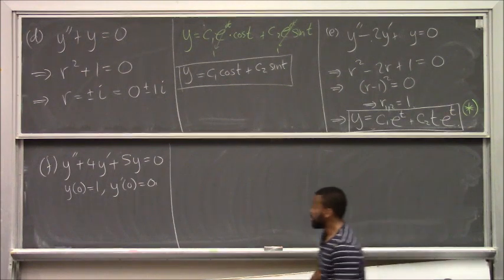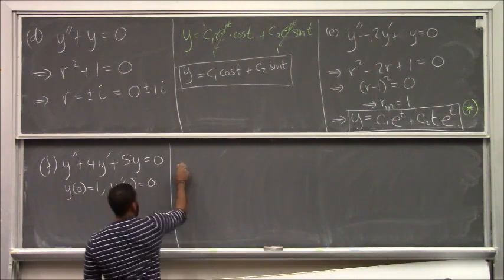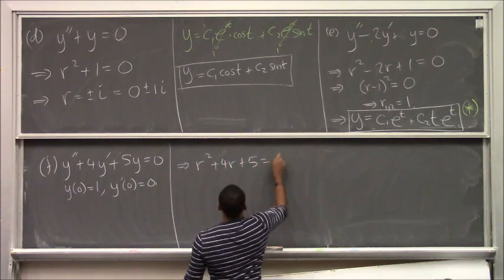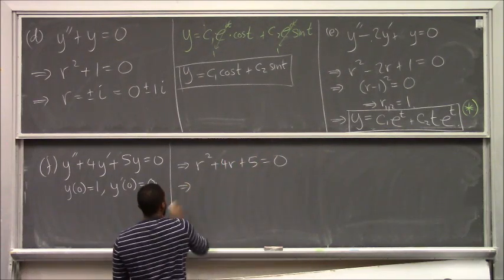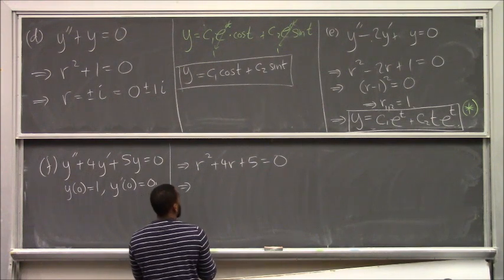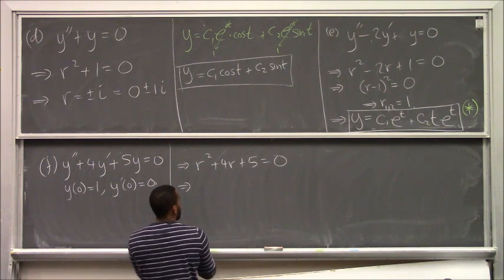So you see that, you immediately jump into the characteristic equation. Can we solve this? Can you think of two numbers that when you multiply you get 5 and you add them and you get 4?